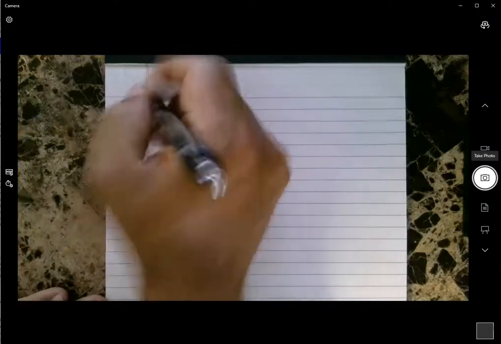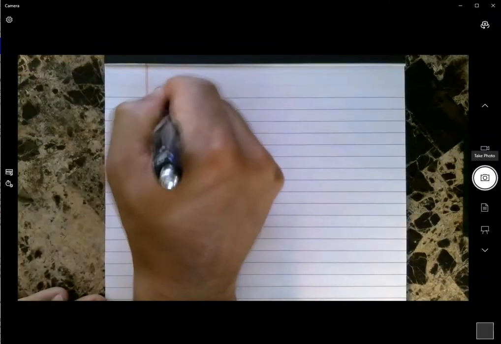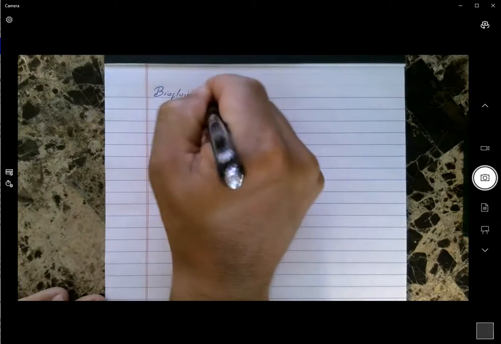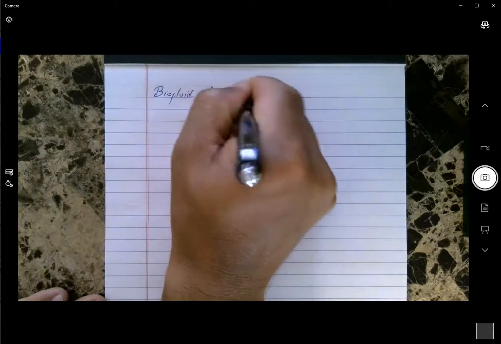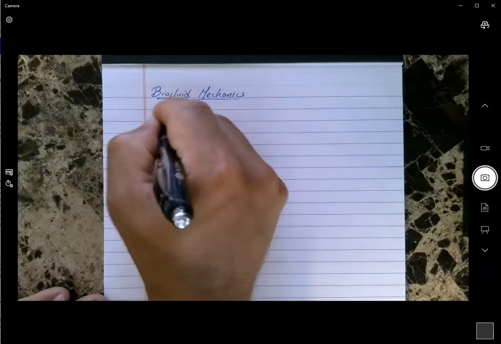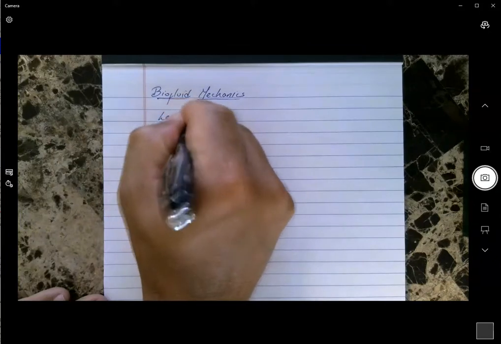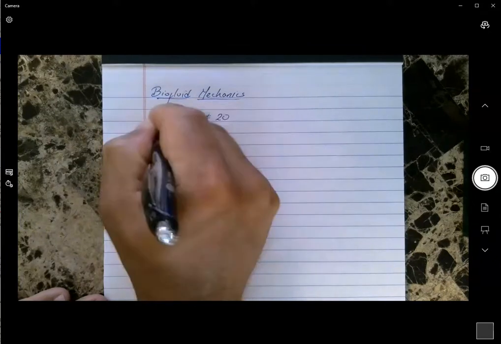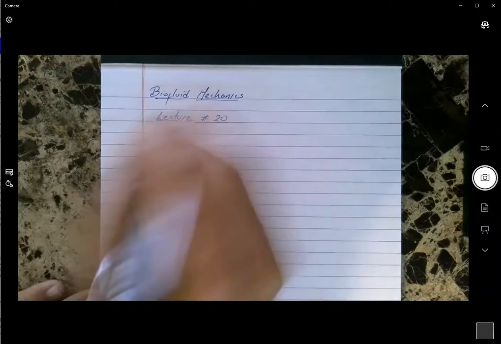So this is Biofluid Mechanics, and this will be lecture number 20. All right.